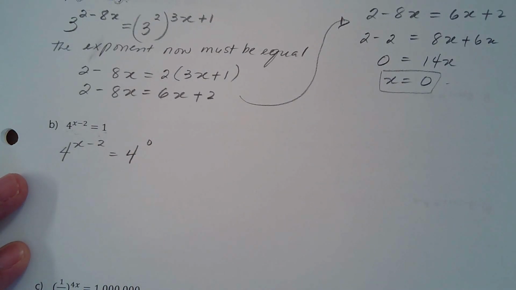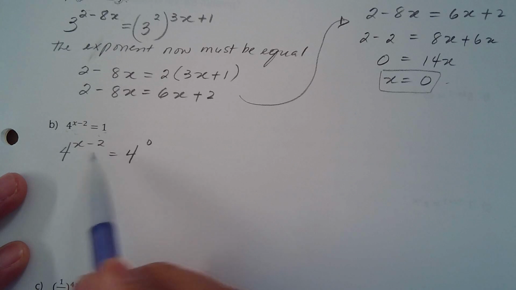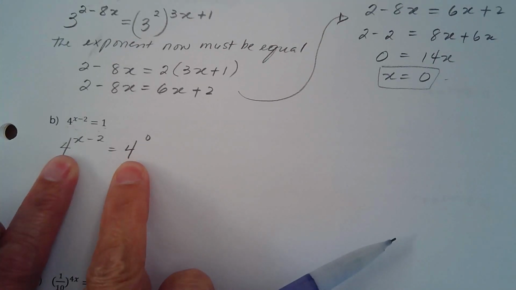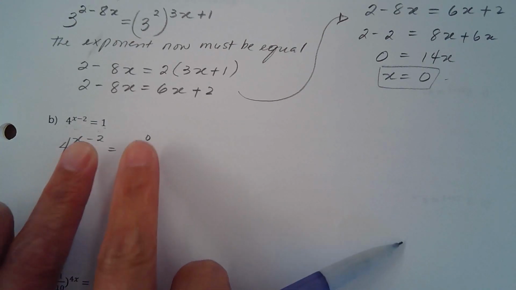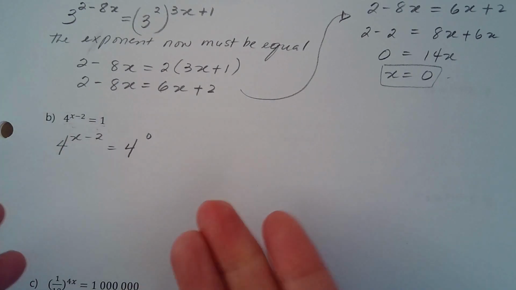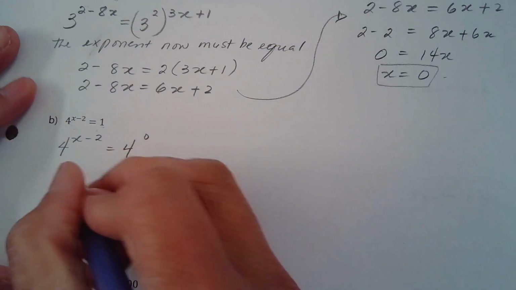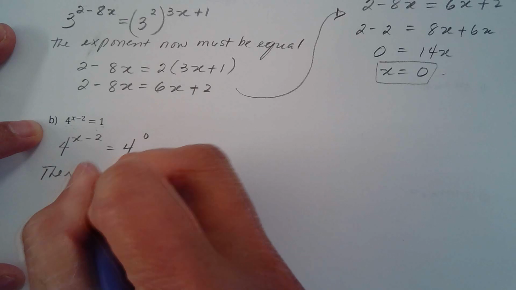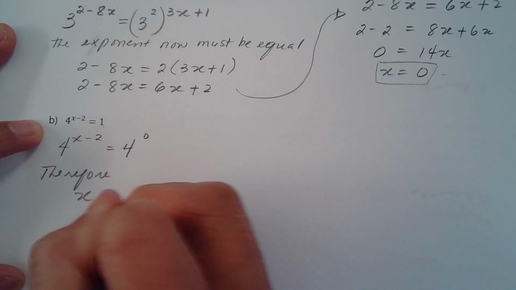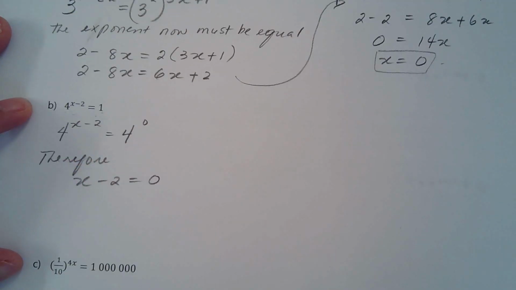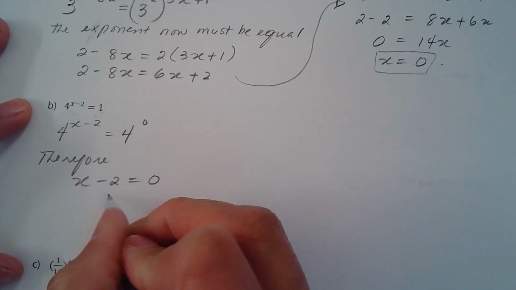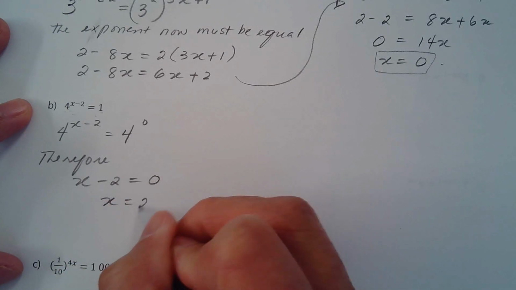Because anything to the power of 0 is 1, right? So now that the bases are the same, it's up to the exponent to make the left side equal to the right side. So therefore, x minus 2 equals 0. This is an easy one. So x equals 2.